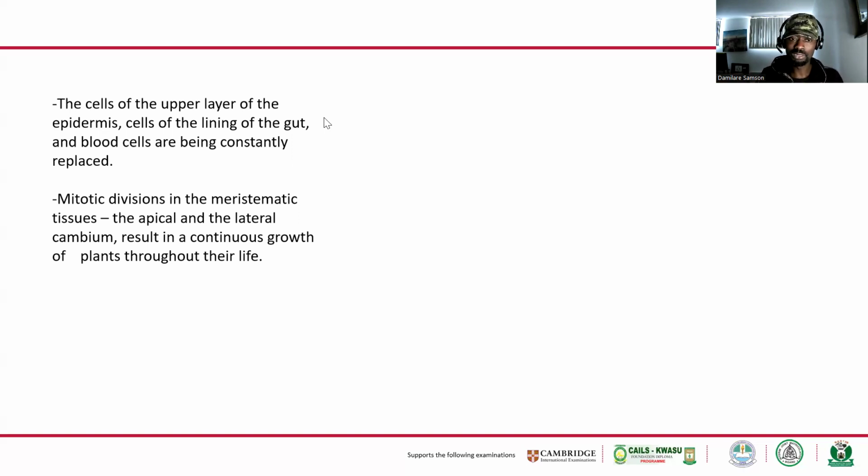So meristematic tissues are continuously growing tissues, and we can find them basically at the apical part and the lateral part. Apical is the shoot side, the lateral is towards the root side.